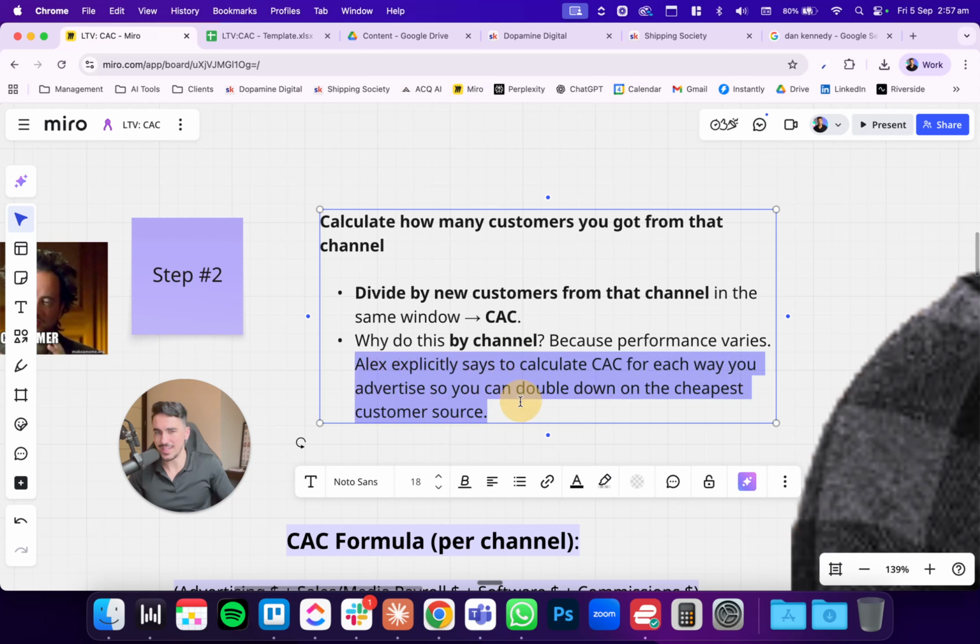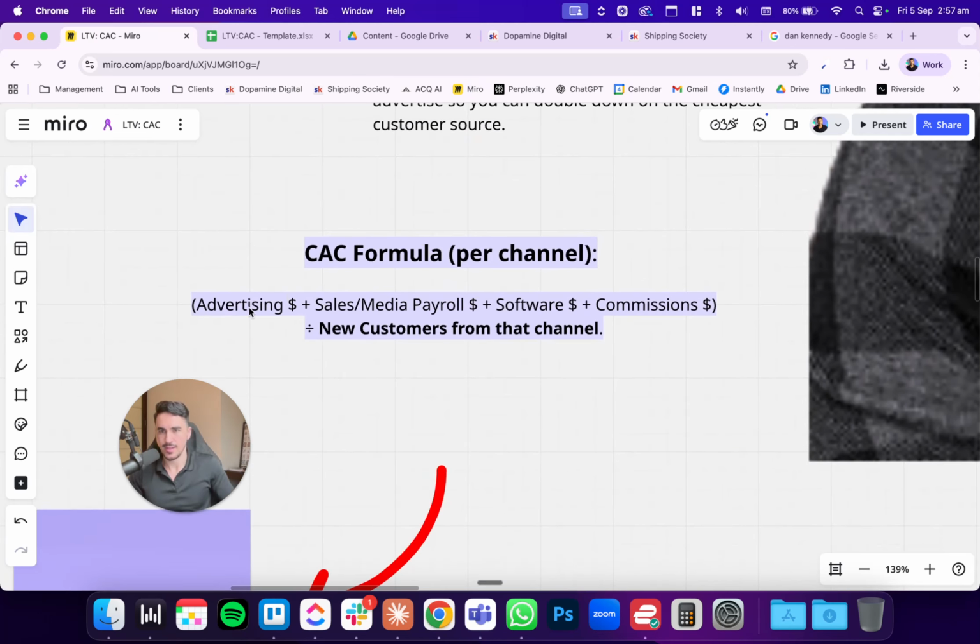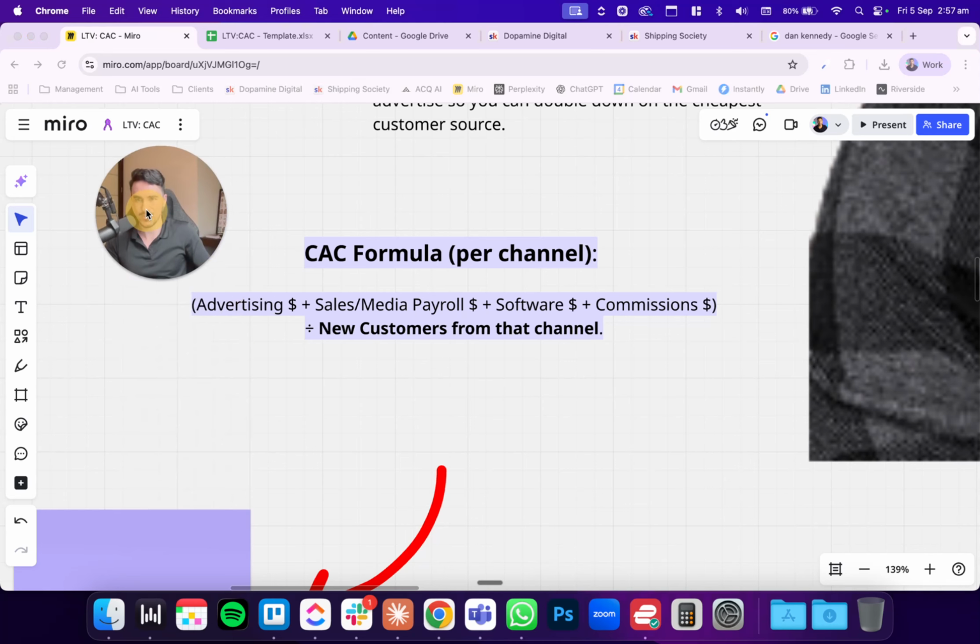Alex explicitly says to calculate CAC for each way you advertise, so you can double down on the cheapest customer source. So here is a quick cheat sheet. Advertising dollars plus sales or media payroll dollars plus any software or tools that you use plus any commissions that you pay out, divided by new customers from that channel, will give you the cost of acquiring one customer.